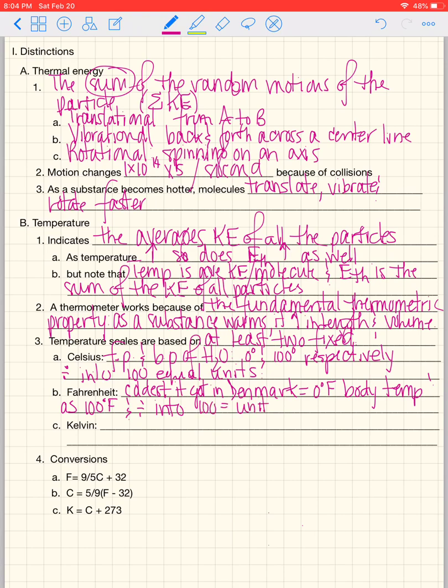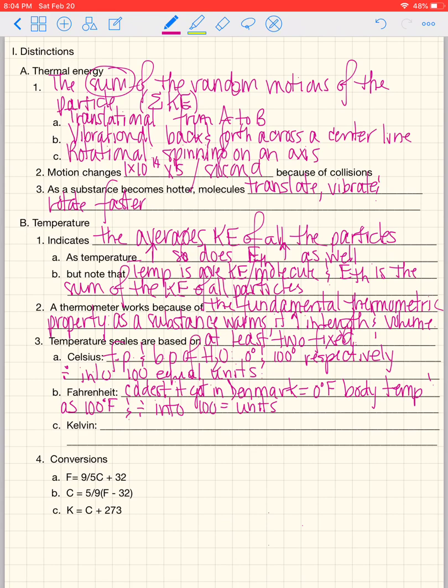Now, based on that, once he established that scale, put all the hash marks in there, then he put it in frozen, in ice water. And when he put it in ice water, he saw that now the temperature scale was up to 32 degrees. And then again, he put it in boiling water, and he had to extend his scale up higher to 212 degrees. But the fixed points that he used were the coldest it ever got in Denmark and body temperature.